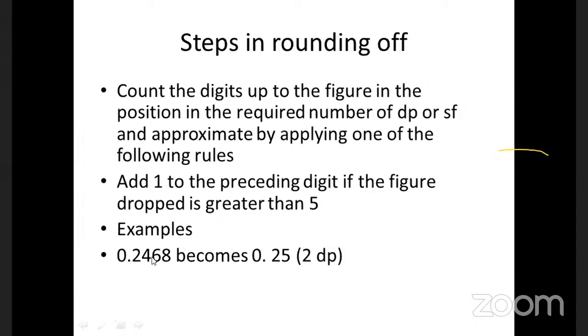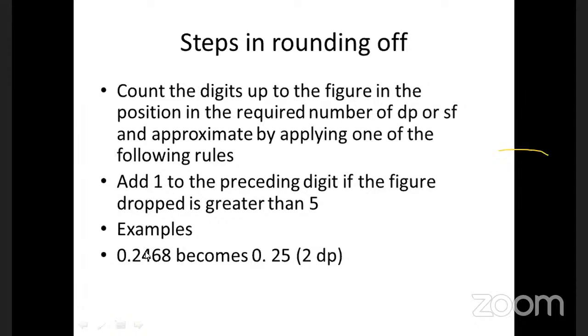So now, is 6 greater than 5? Yes. If the answer is yes, what we shall do is add 1 to the preceding digit. When you add 1 to 4, it becomes 5.